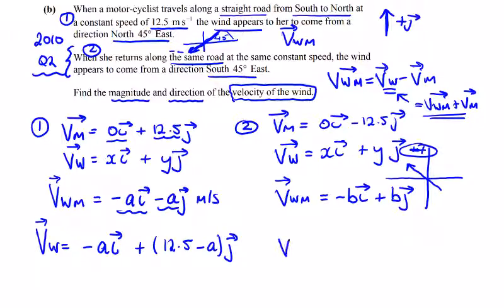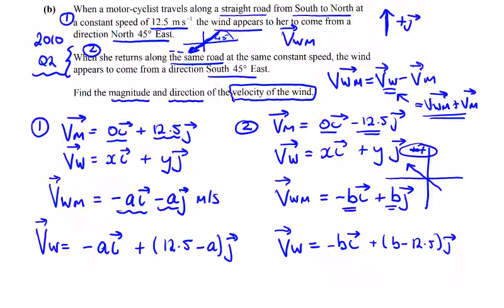In this case, the velocity of the wind is equal to, we add our 0 and our minus b, so just minus b in the i direction, and in the j direction we have minus 12.5 plus b, or b minus 12.5 in the j direction.